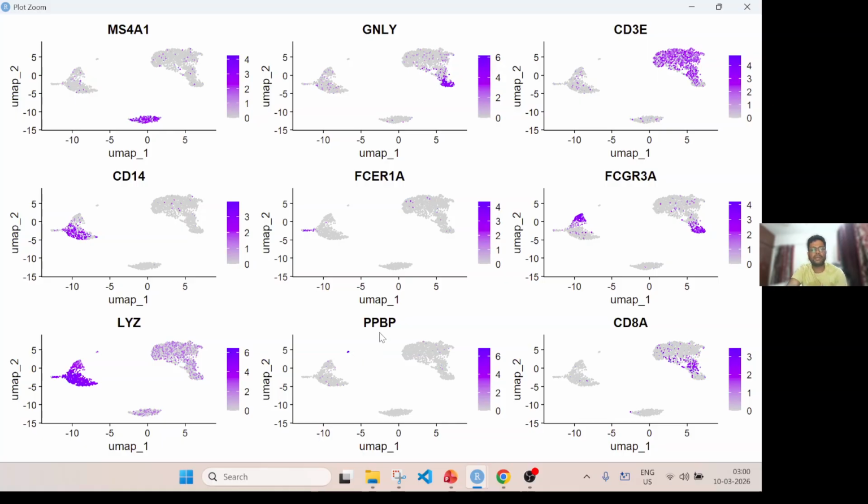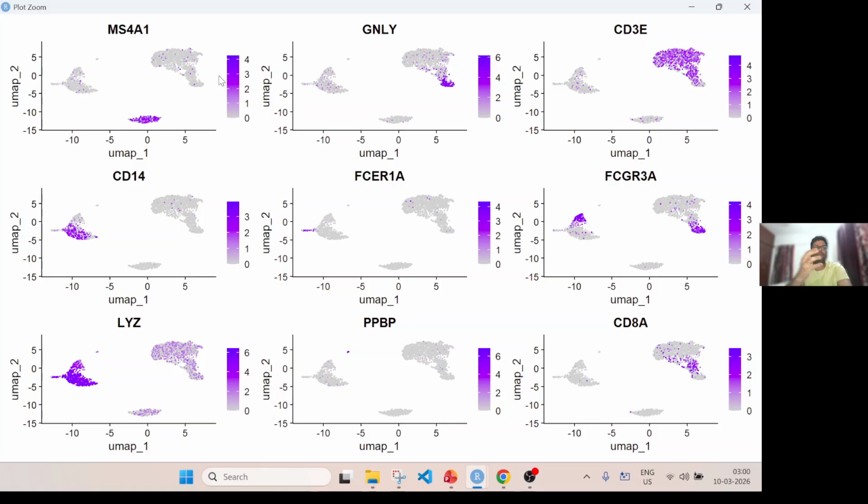PPBP is expressed only in those cells. Maybe you know about that, so you can identify that some clusters in your single cell data belong to this cell type. So this clearly helps us on the UMAP projection of the clusters.